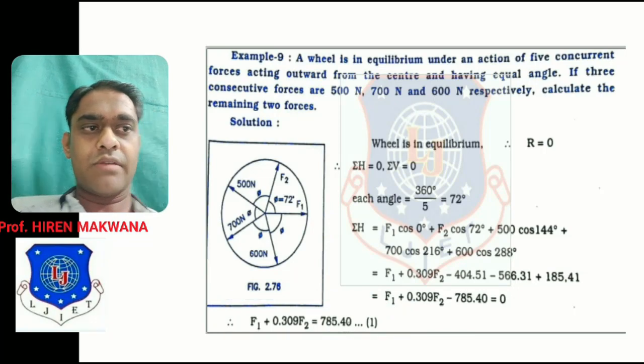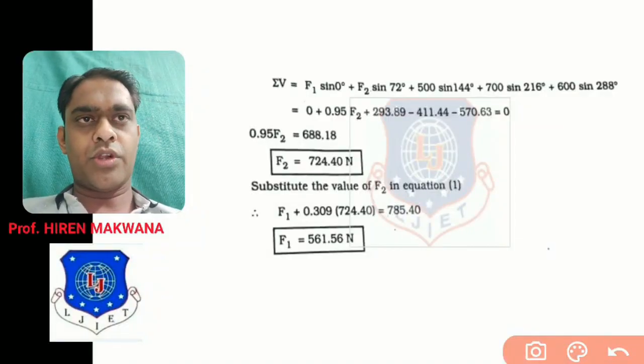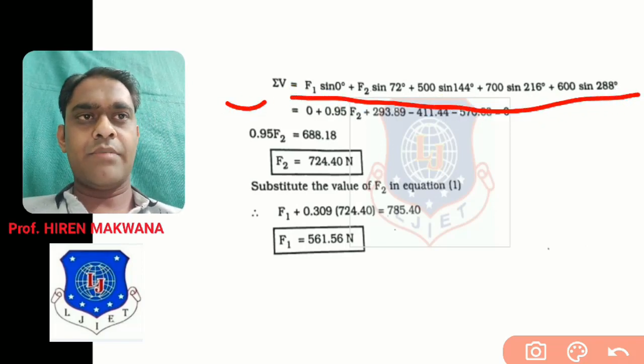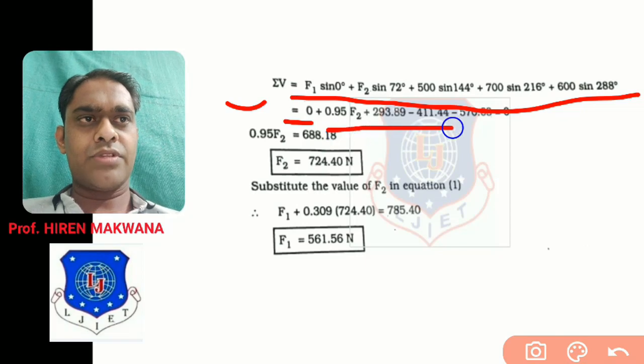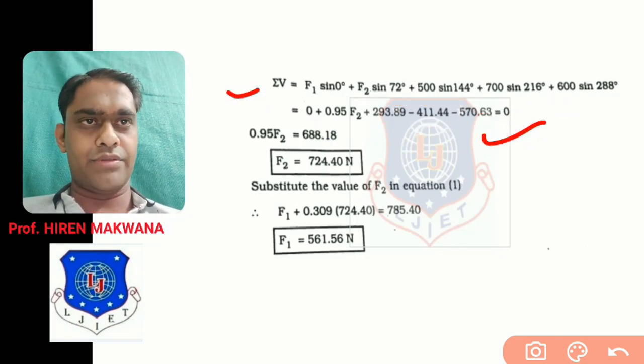Start equation number 2. Let us see. This is equation number 2. The calculation for equation 2 is sigma V equal to the same values, just with sine in place of cos. So here F1 sine 0 equals 0. The remaining terms you can find from the calculator, and it is equal to 0 because sigma V equals 0.